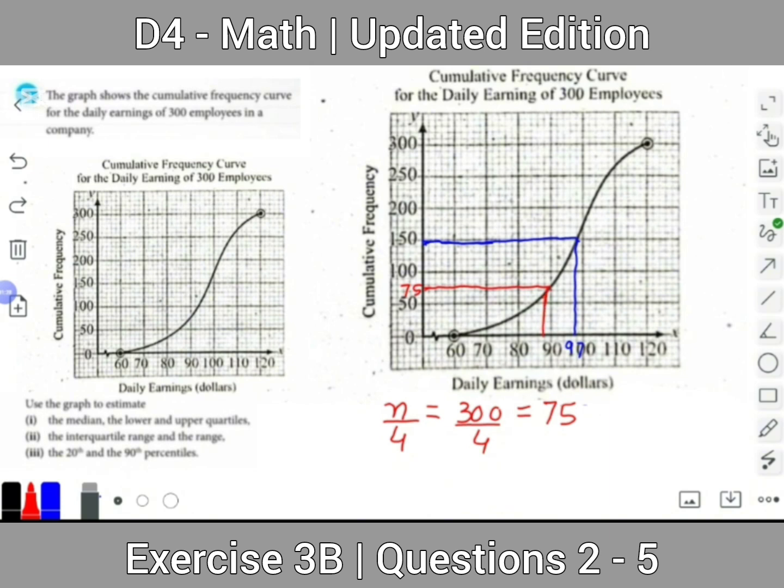So since we know that each square unit along the x-axis is equal to 2, so here we have 80, 82, 84, 86, 88. So the value is 88. So the estimated value of the lower quartile Q1 is equal to $88.